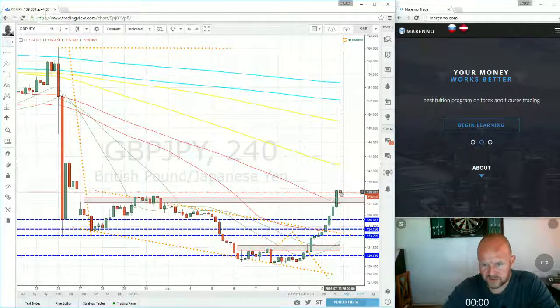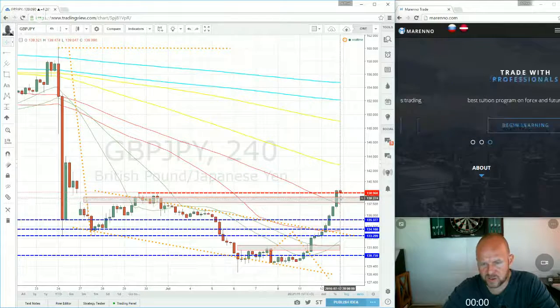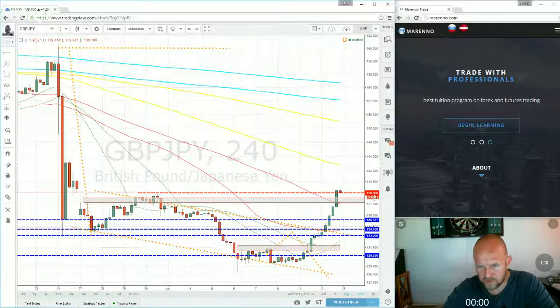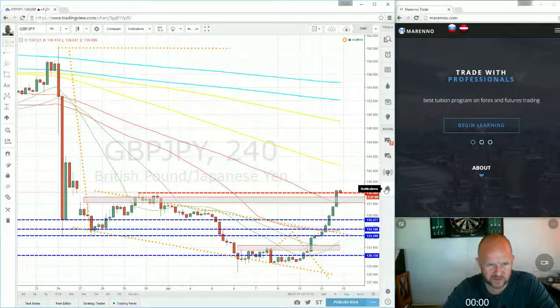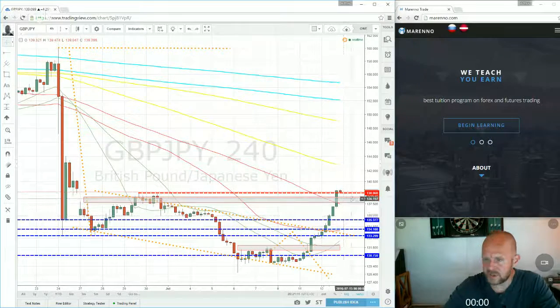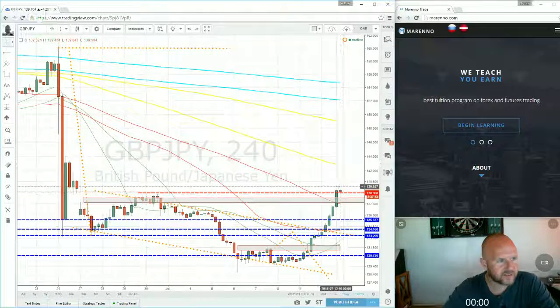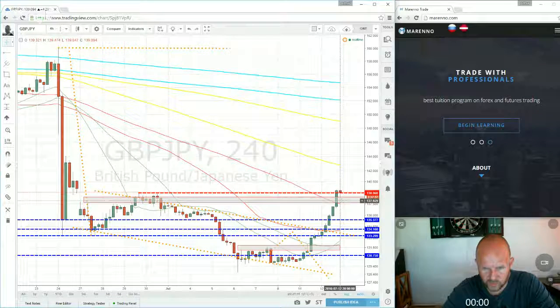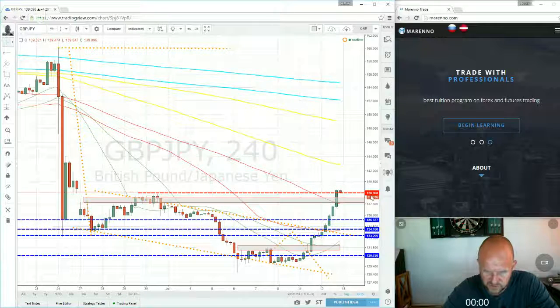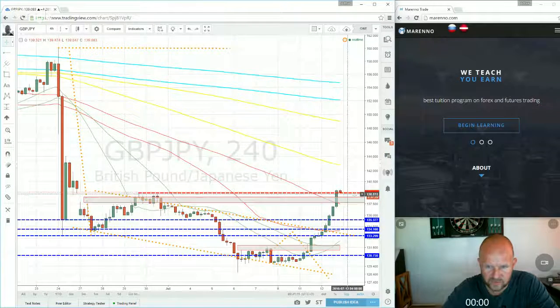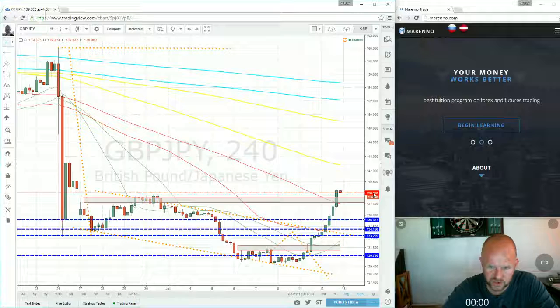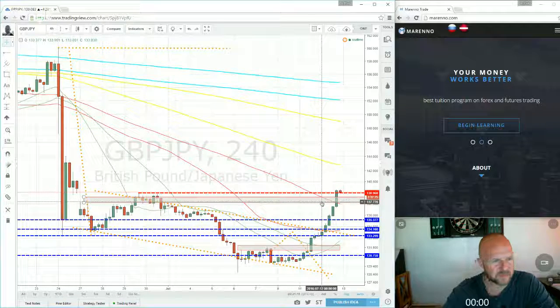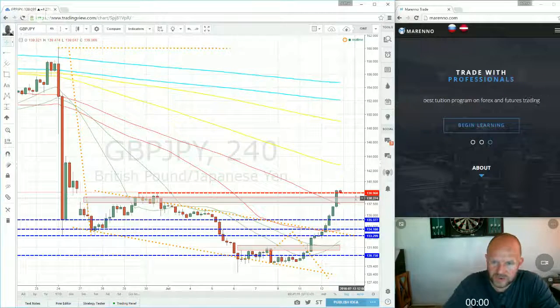In case this 4-hour candle will be closed below this level, 138.96, I guess it's 95 indeed, we'll be able to sell it from here. So even if it closes much lower than this level, I would suggest placing a limit order at 138.95 or 139, which is much better, as we can have a wick towards there.